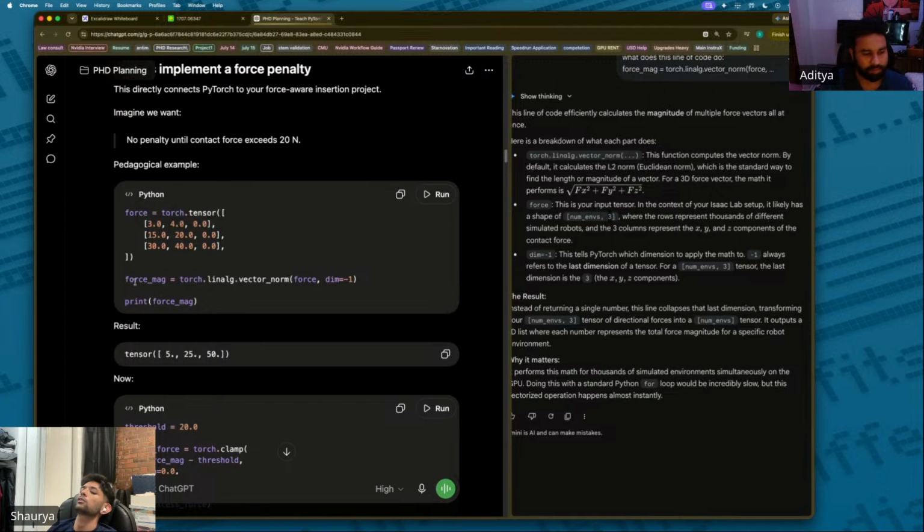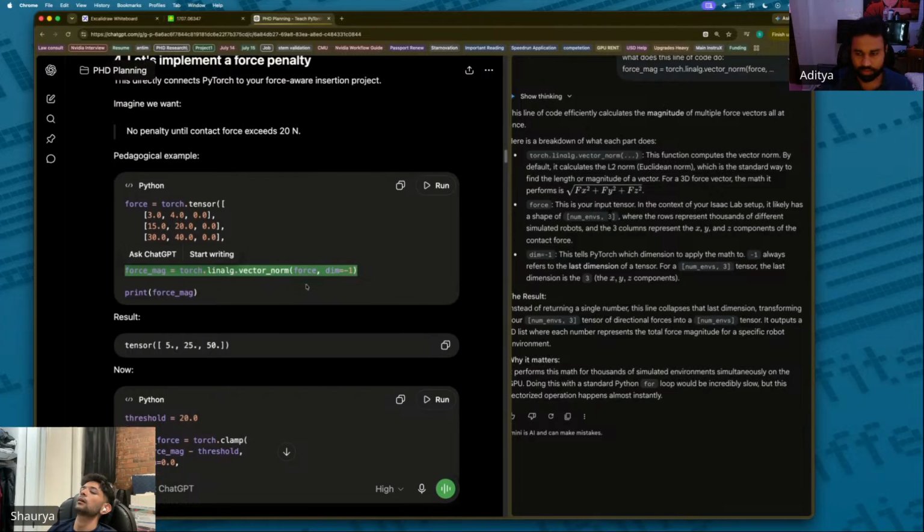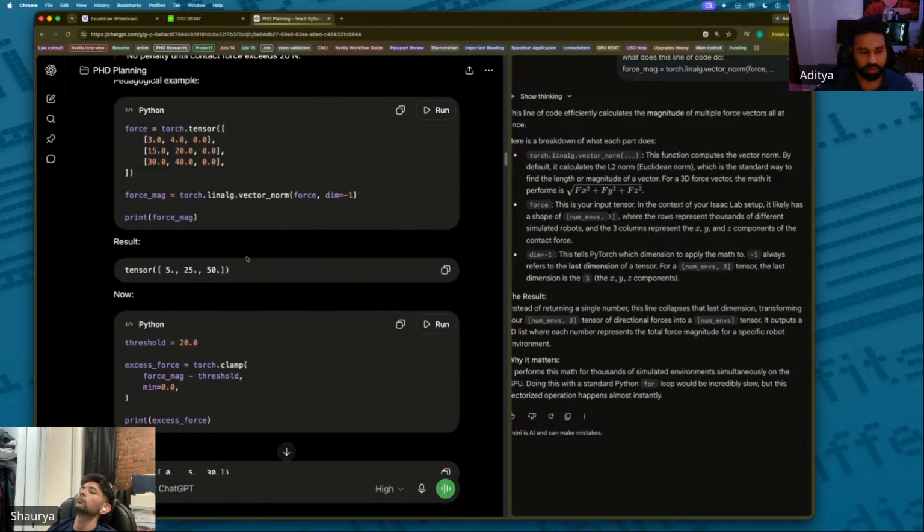And what this is doing is calculating the direction and the magnitude of the force based on each of these arrays. This is like a list of arrays.